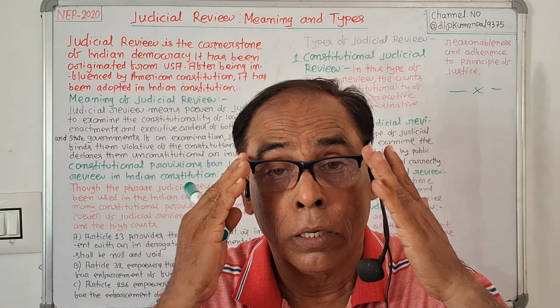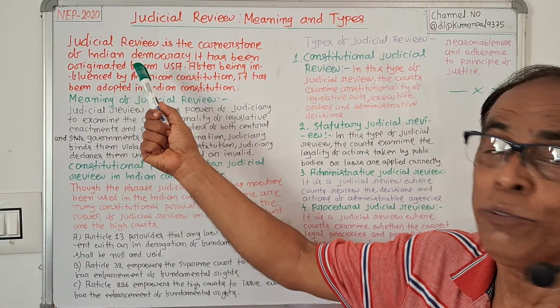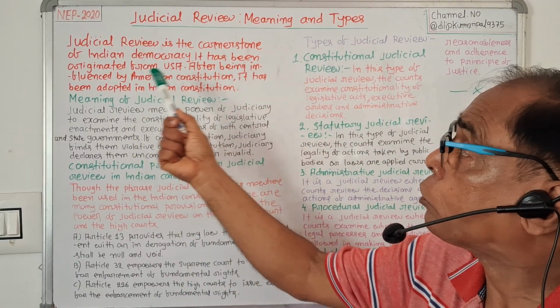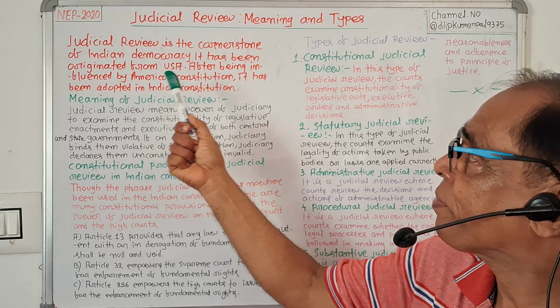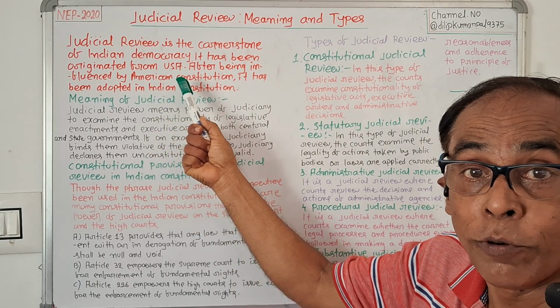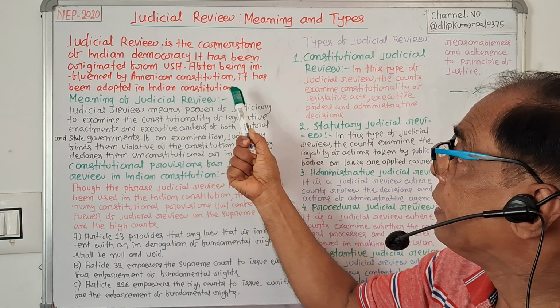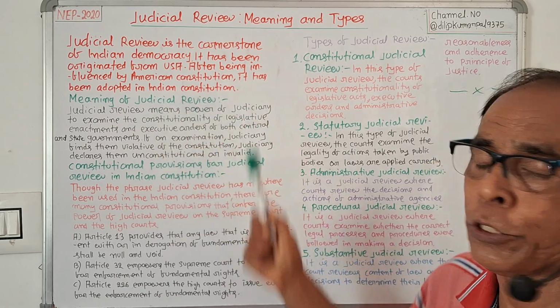Let us start. Meaning and types of judicial review. Judicial review is the cornerstone of Indian democracy. It has been originated from USA, United States of America. After being influenced by the American Constitution, it has been adopted in the Indian Constitution.